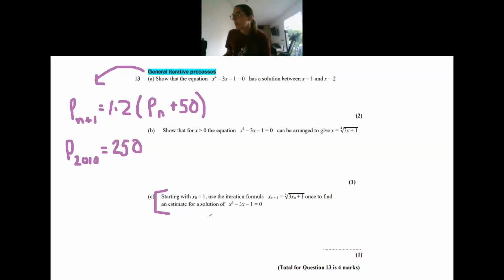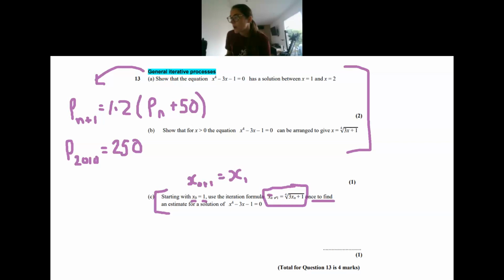substitute it in. So here's my iteration formula. Looks awful, looks complicated. All I'm doing is I want to do this once to find an estimate for this question. This bit's not iteration, it's just rearranging and stuff. So if x0 is 1, that's to say x0 plus 1 is x1.